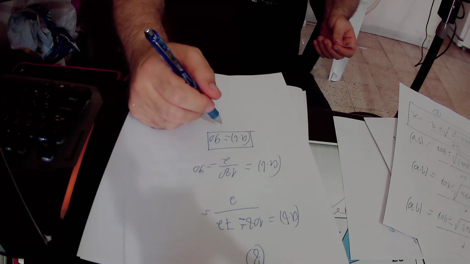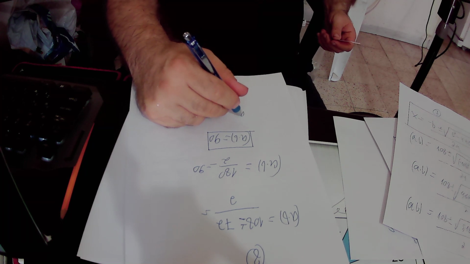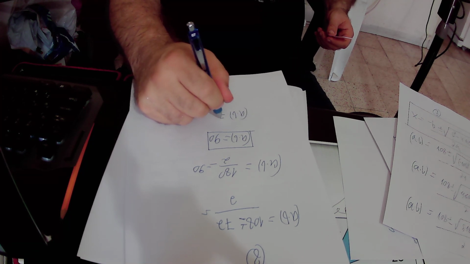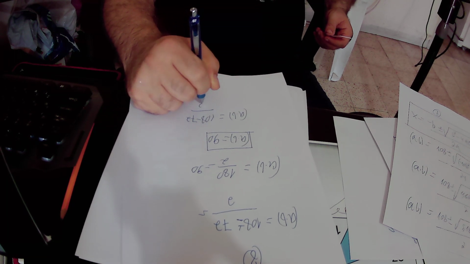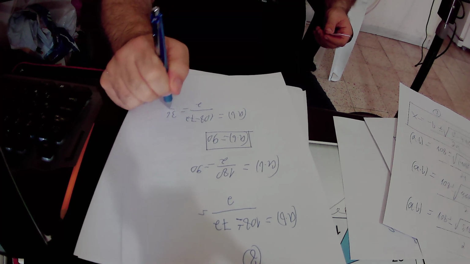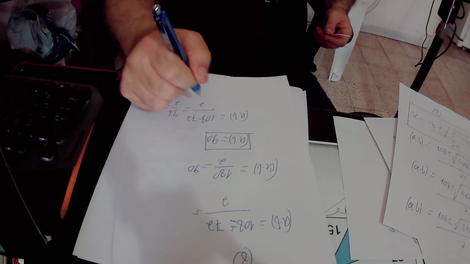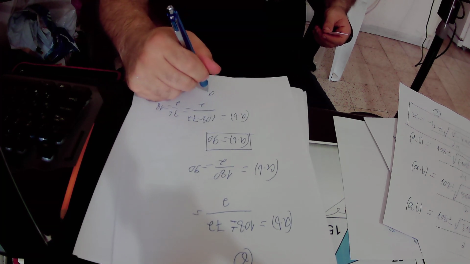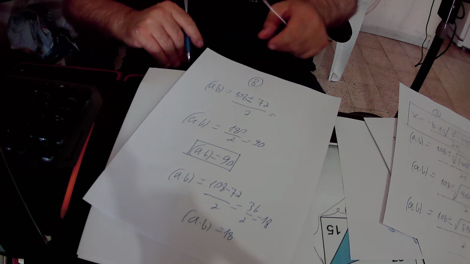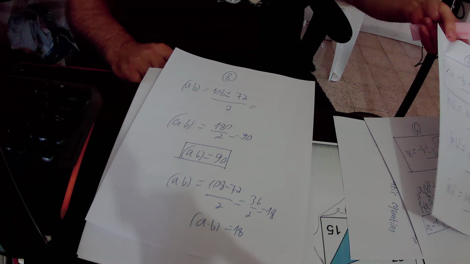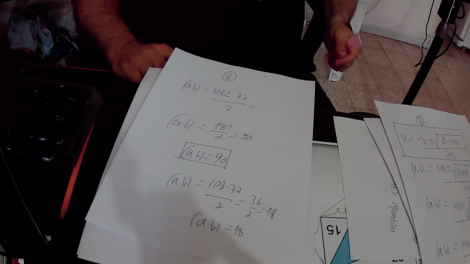Now we also have the second option, that A times B equals 108 minus 72 divided by 2. So the second solution for AB is 108 minus 72, which is 36, and 36 divided by 2 is 18 units.